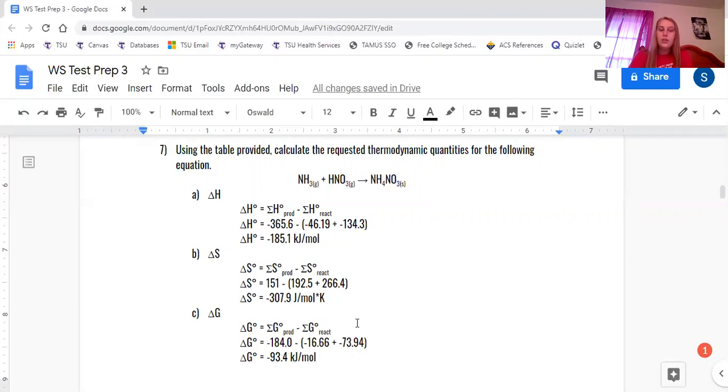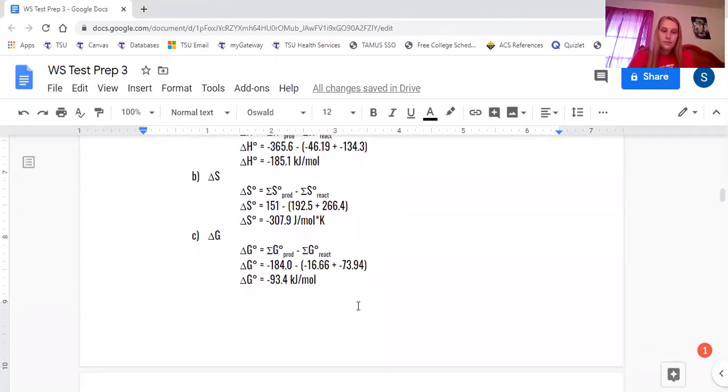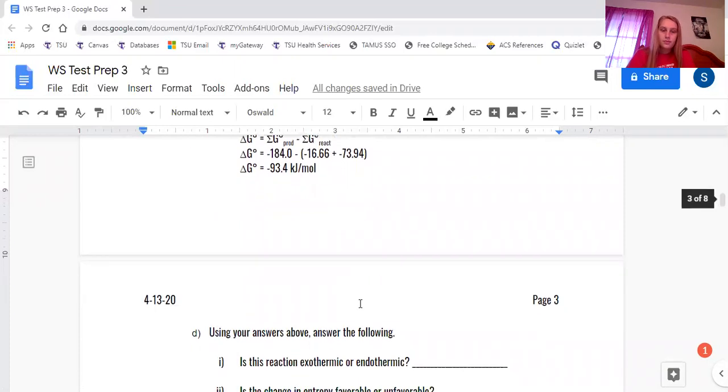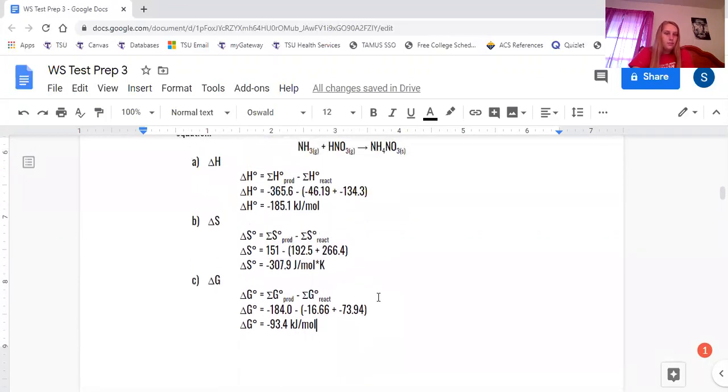Let's give the delta G here. Okay, so we're going to look at those answers above to answer that. Will this reaction be endothermic or exothermic? Okay, do you think it's endo or exothermic? Looking back at this.